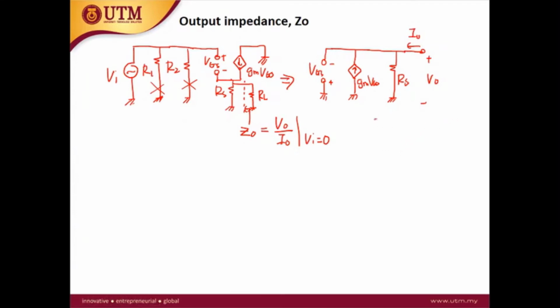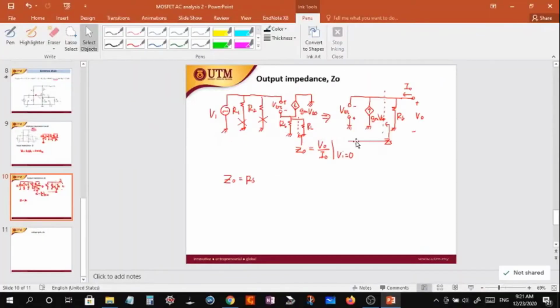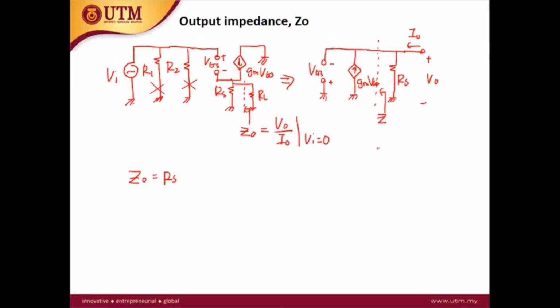Okay, so the output impedance can be defined as Z out equal to RS parallel with the impedance denoted as ZS.